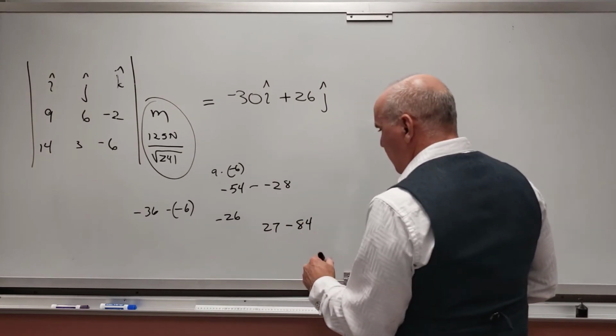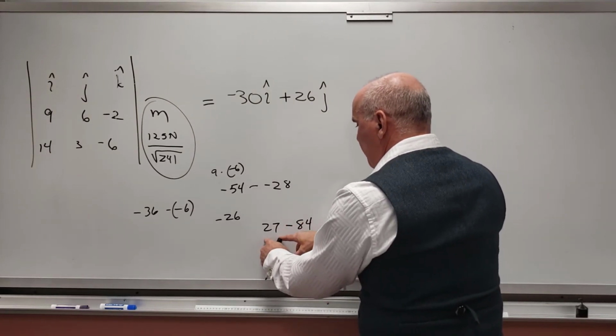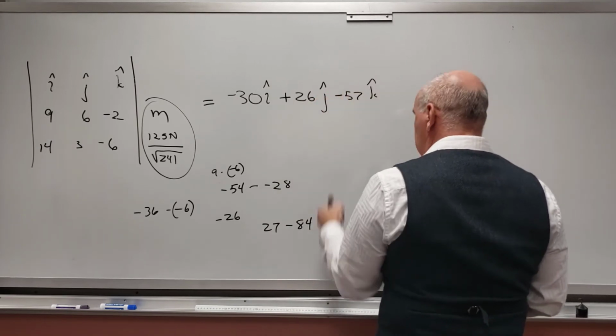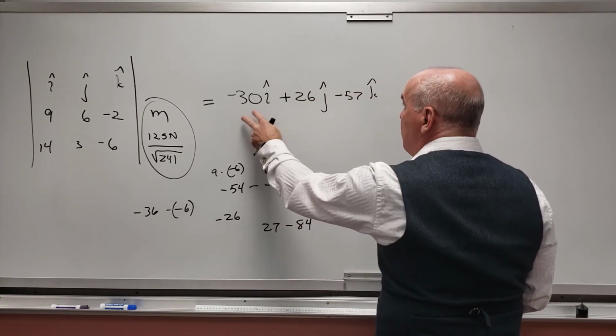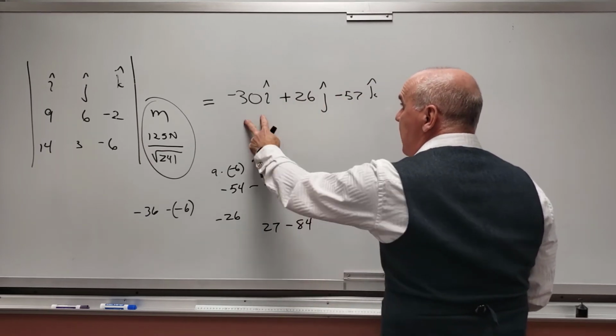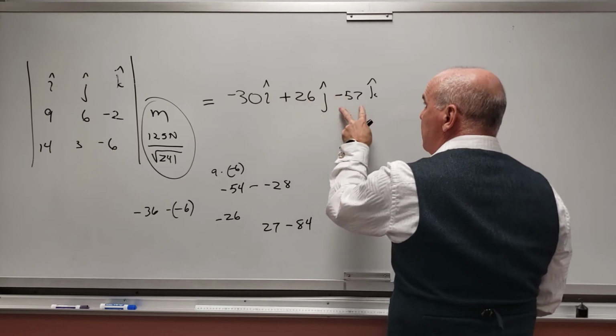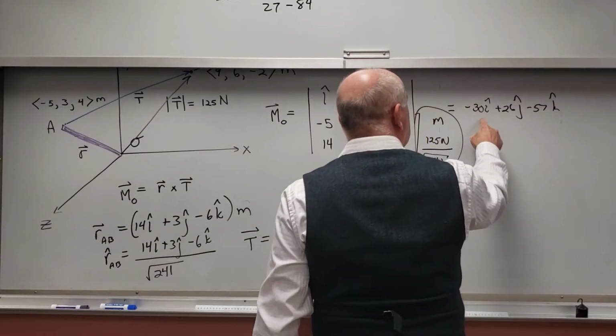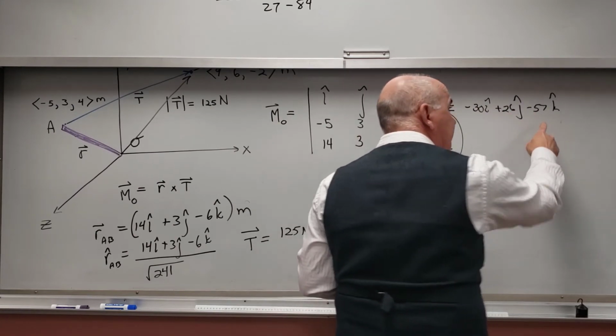And so that's going to be 27 minus 84, negative 57. Negative 57 k hat. So negative 30, positive 26, negative 57. If I go over here, negative 30, positive 26, negative 57.